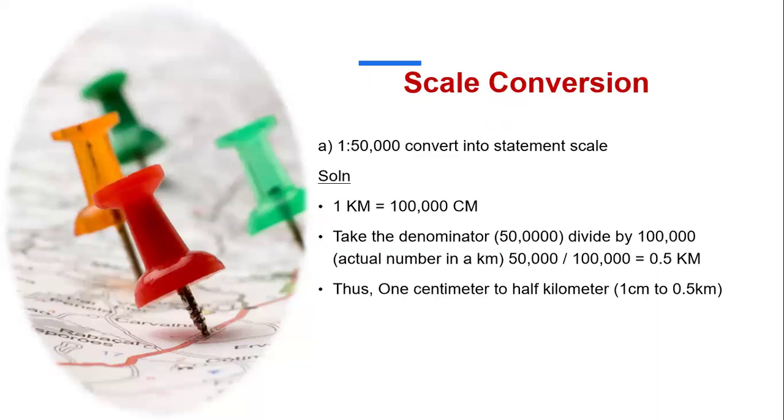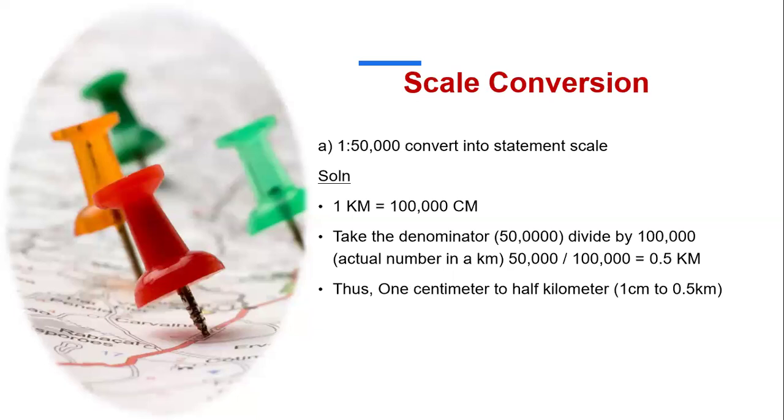Now let's see the scale conversions. Here I'll show you how you can convert a statement scale into a representative fraction, or a representative fraction into a statement. Starting with the first example, we're given a representative fractional scale, and we have to convert it into a statement scale: 1 ratio 50,000. Solution: we know that 1 kilometer is equal to 100,000 centimeters.